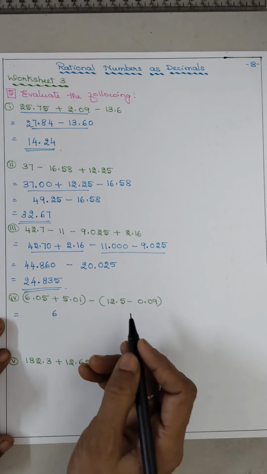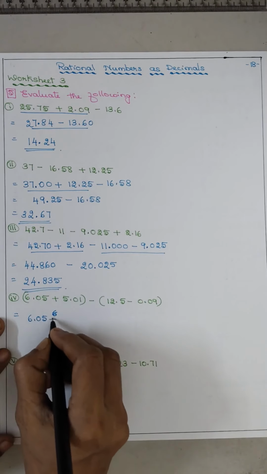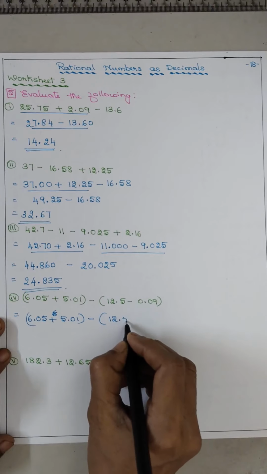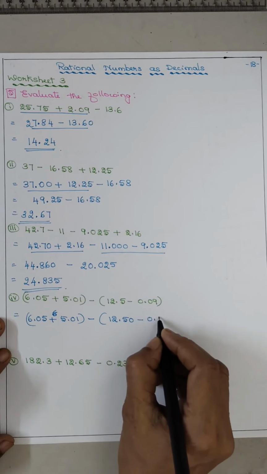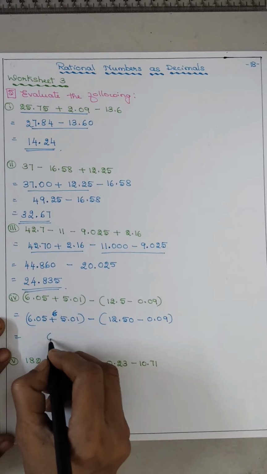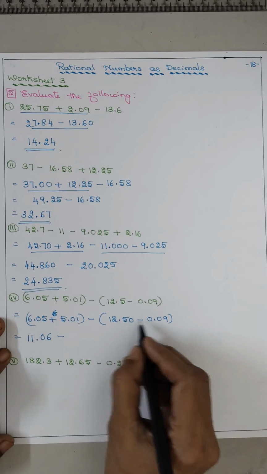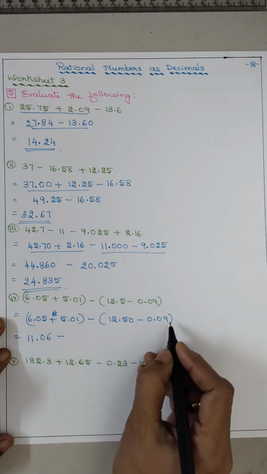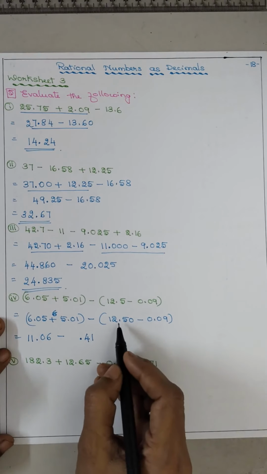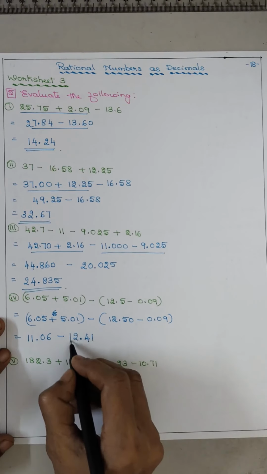Okay, here it is not there, 2 digits, so we'll rearrange first. 6.05 plus 5.01 minus 12.50 minus 0.09. 0 plus 1, 5 plus 1, 6, 0 plus 0, 0, 6 plus 5, 11, minus, now it is subtraction, so 10 minus 9, 1, 4 is remaining, point, now it is here 2 minus 0, 2, 1.